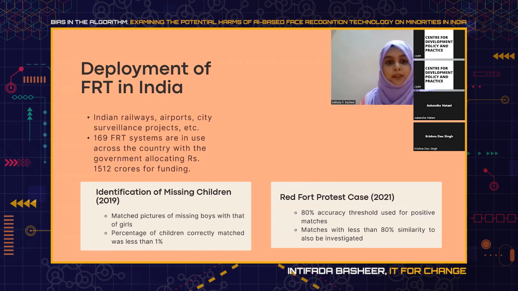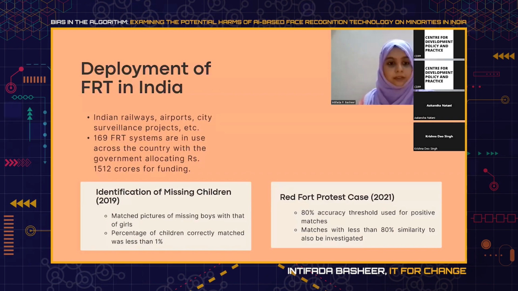Now, a lot of objections have been raised to the use of these tools by government agencies with regards to issues of privacy, infringement of rights, surveillance, and so on. While it's beyond the scope of my paper to extensively look at all those different facets, I would like to bring your attention to how bias and inaccuracy of these systems have caused concerns lately.